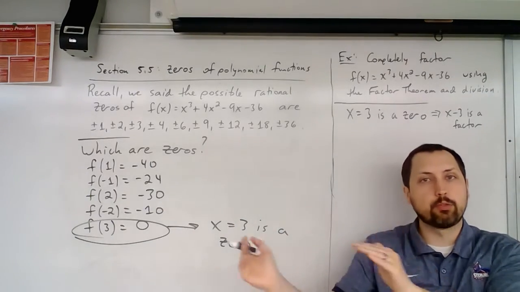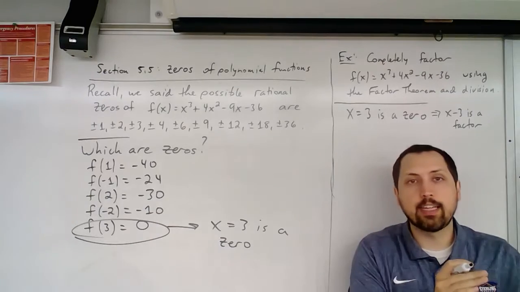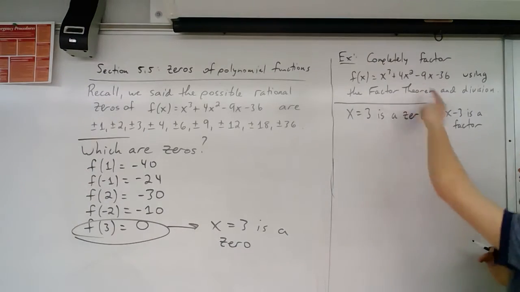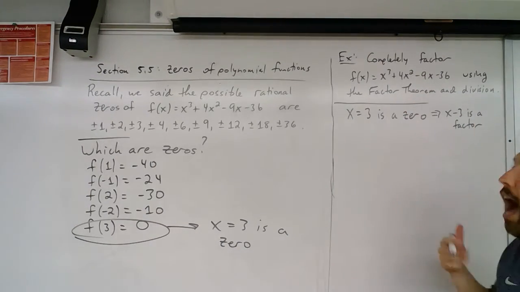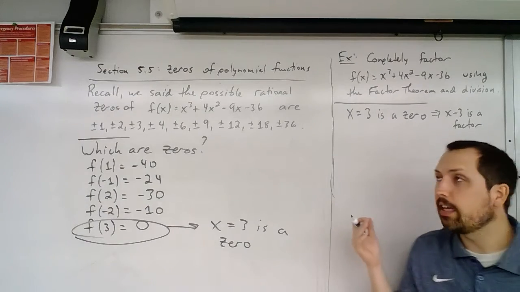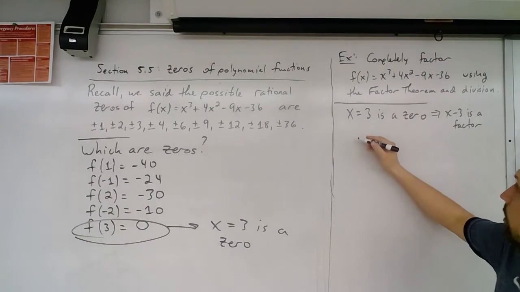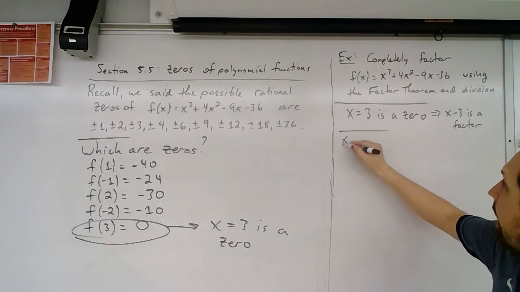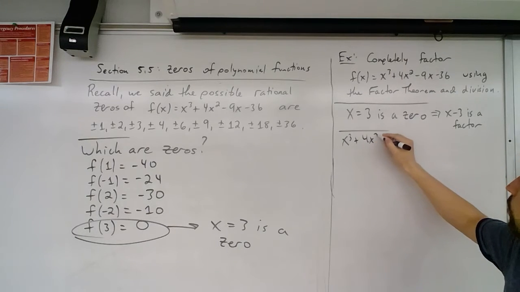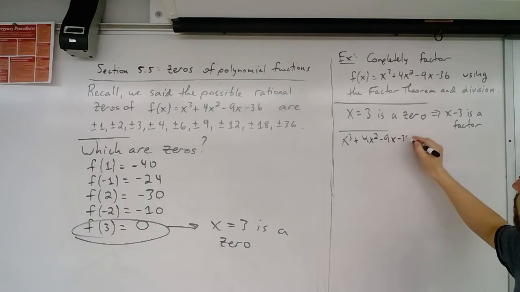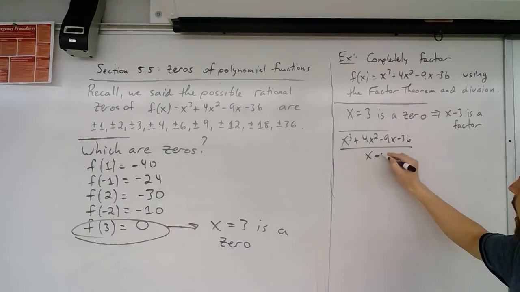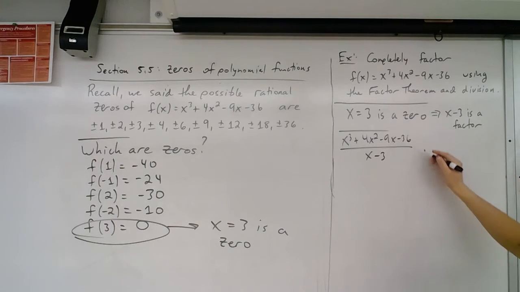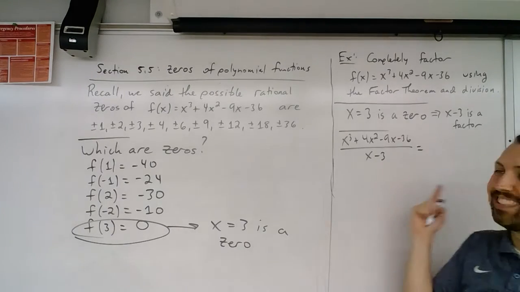Remember, when we factor, we're writing it as things being multiplied together. How do we figure out what that something else is? Well, this is where division comes into play. We're going to look at x cubed plus 4x squared minus 9x minus 36 divided by x minus 3. We'd like to figure out what this is equal to.